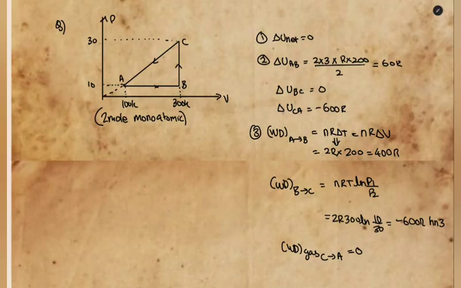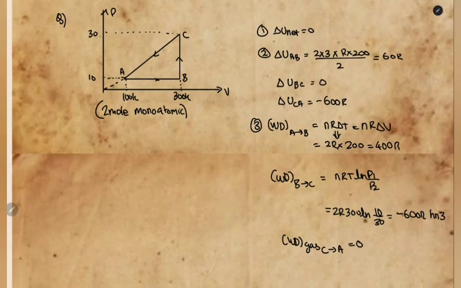Next thing is the PV graph and the same analytic stuff. So in the PV graph, the volume is going to be constant. You need to understand that. What about the internal energy? Delta U will always be equal to 0 in a cyclic process. So U for B to C will be equal to 0, temperature constant.